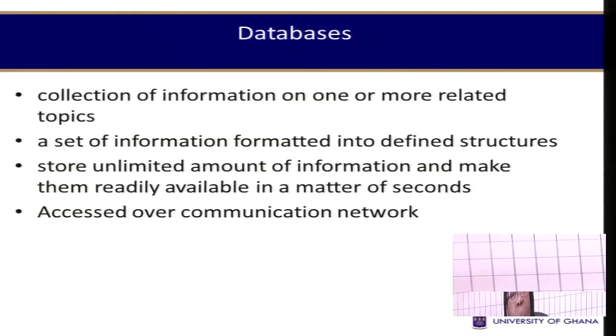We can have a database of universities. So a database of students will comprise information such as the student's name, the student's course that he's doing, the student's ID, the student's sex. That is related information. That is why we describe the database as a collection of information on one or more related topics.